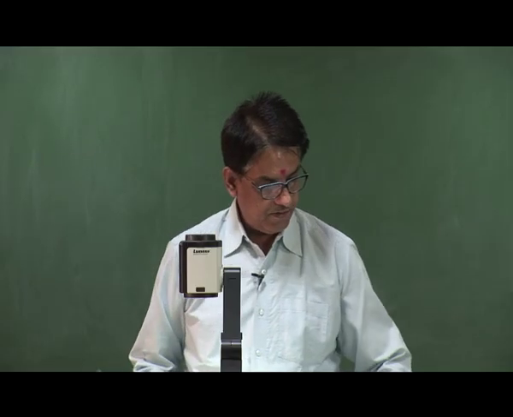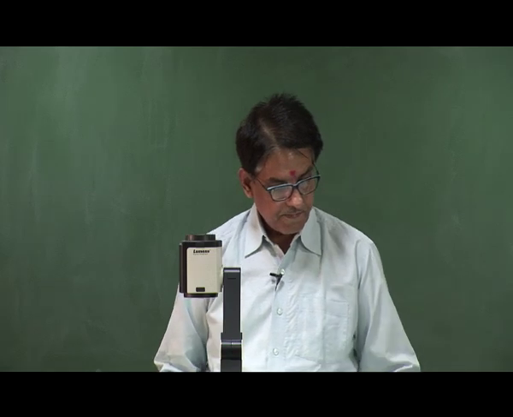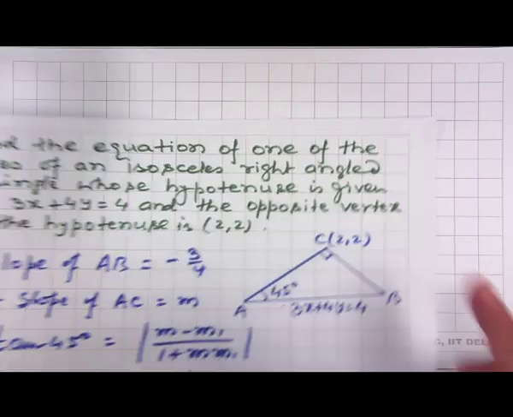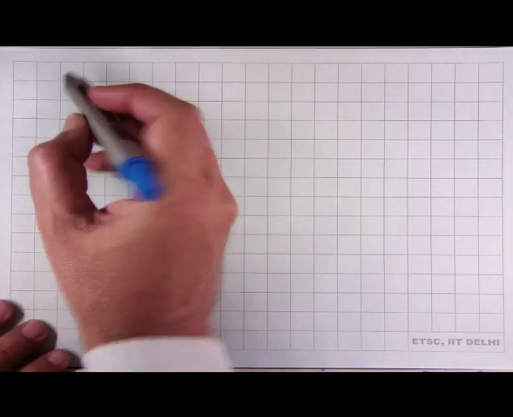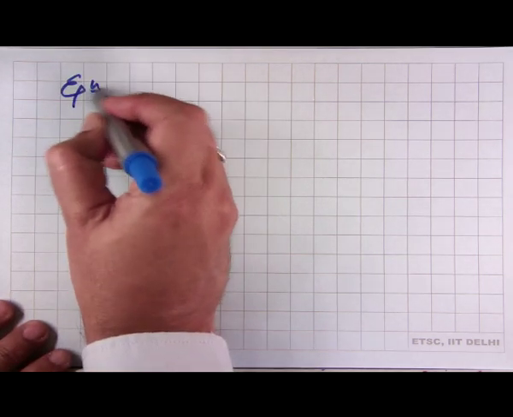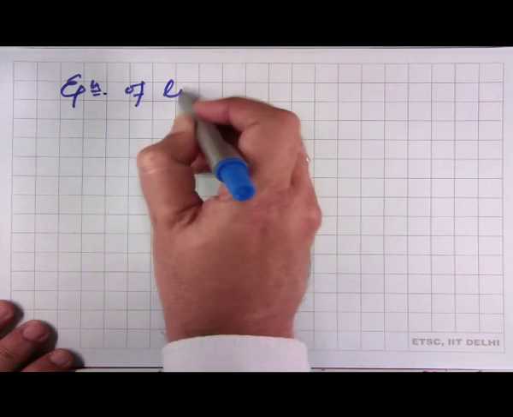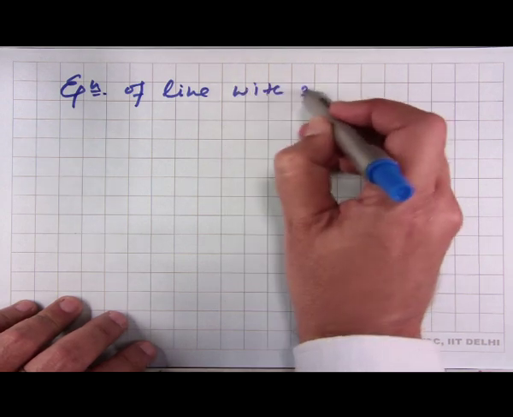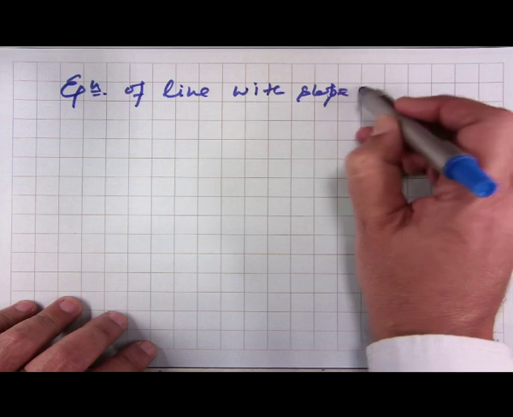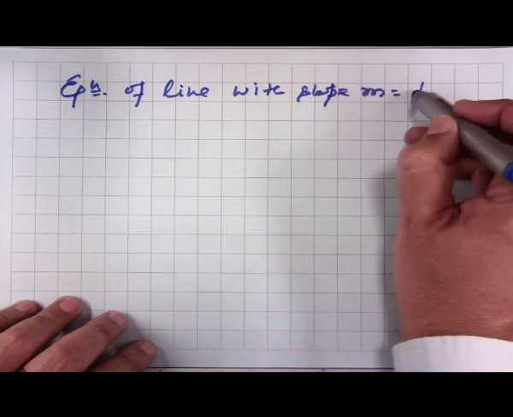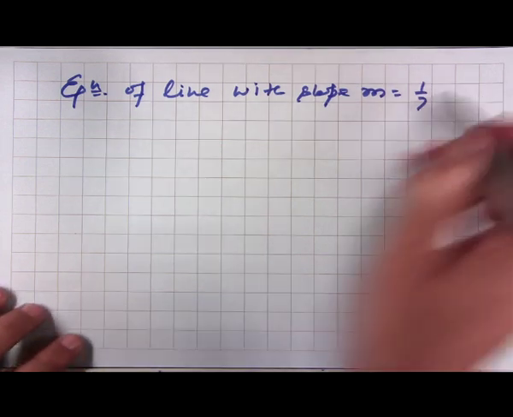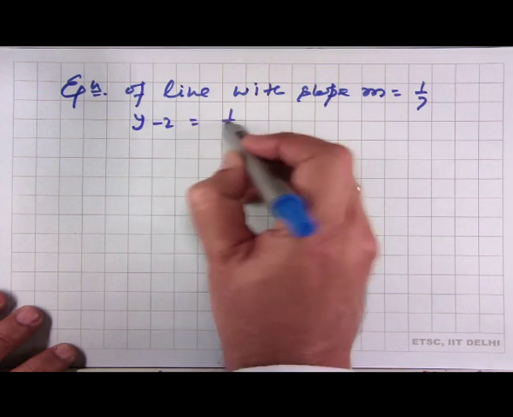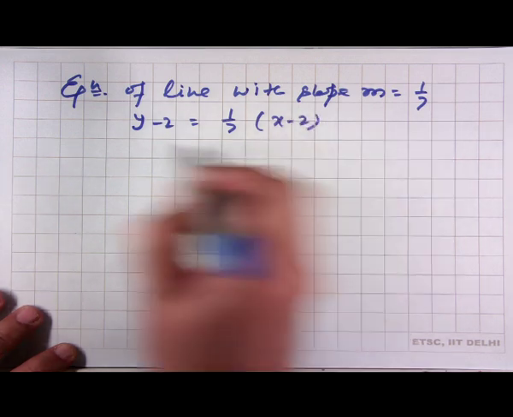We have two equations which pass through this point C, (2, 2). So the equation of the line with slope m equal to 1 by 7: y minus 2 equal to 1 by 7 into (x minus 2).